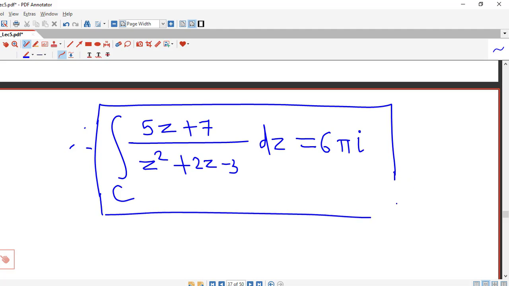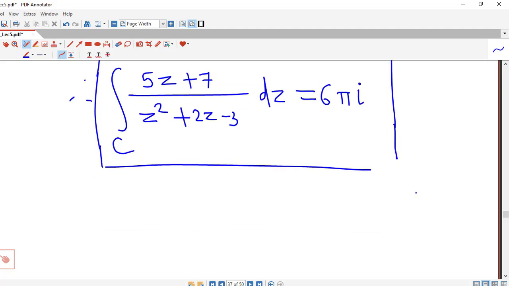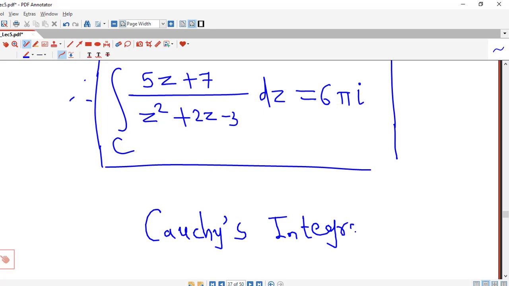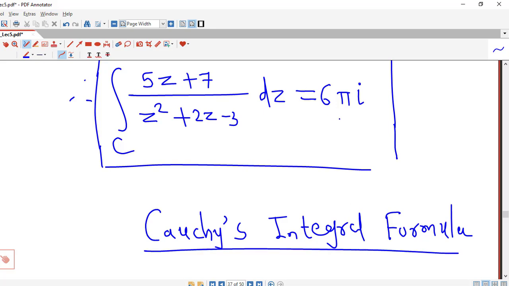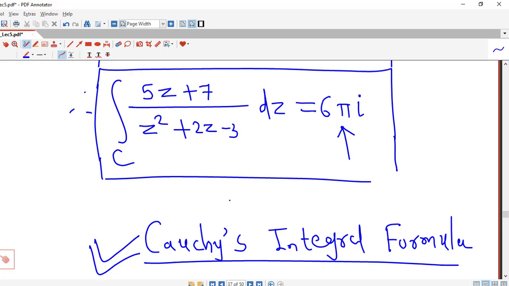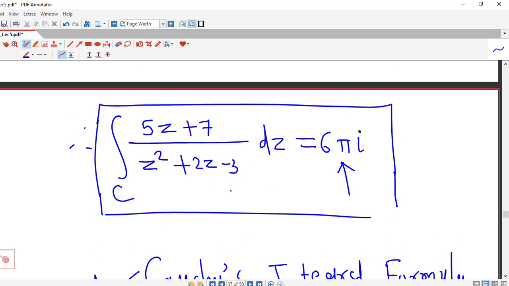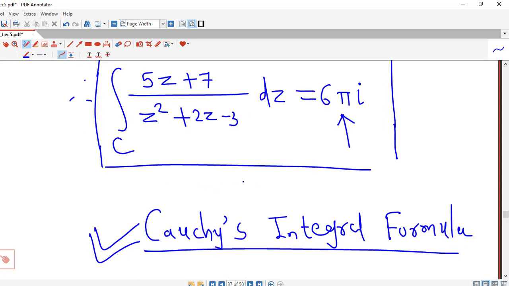Now this same complex integral can be evaluated using Cauchy's integral formula also. So you can try this same integral using Cauchy's integral formula and you will obtain the same answer. I have uploaded video lectures on Cauchy's integral formula also.